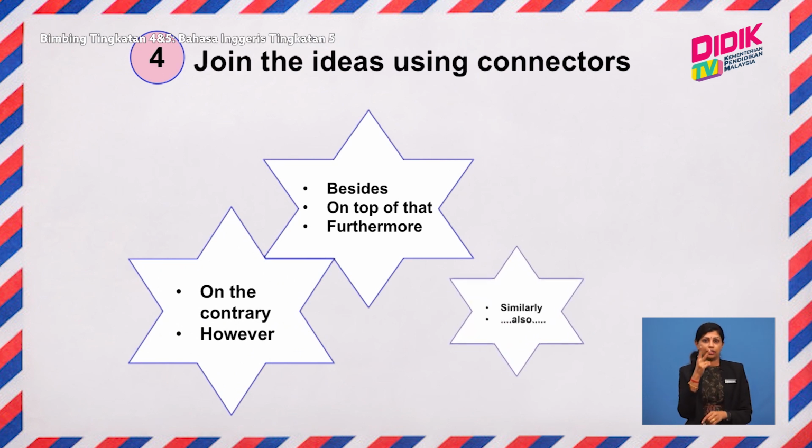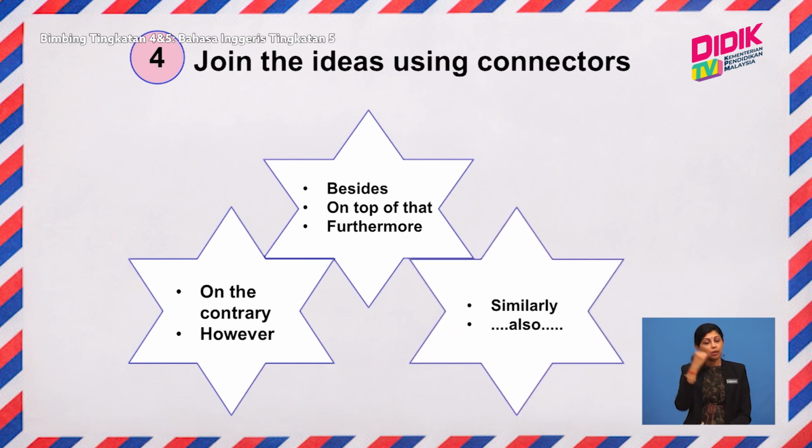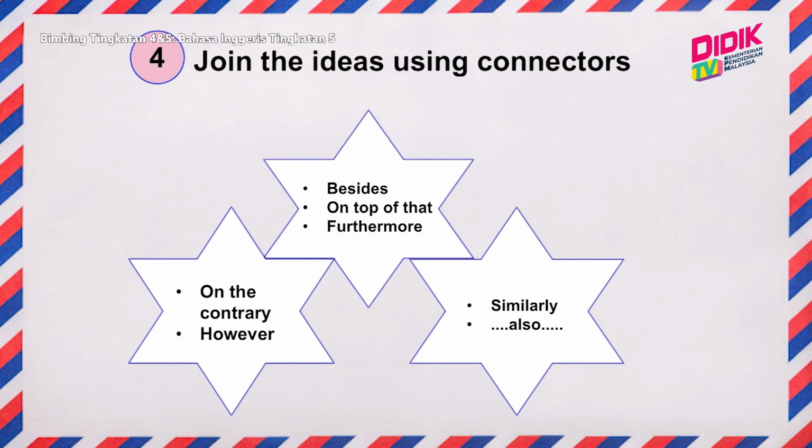If you wish to say that the idea is similar, you can use similarly, or somewhere in between your words in that sentence, you can add the word also. Alright? So next, we will look at how the content points are written using these connectors and comparative adjectives.